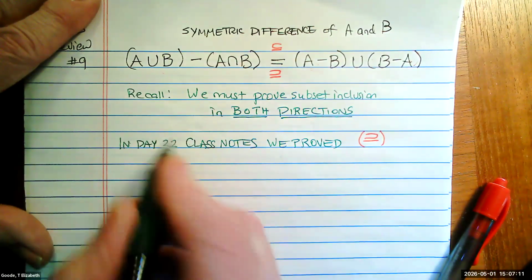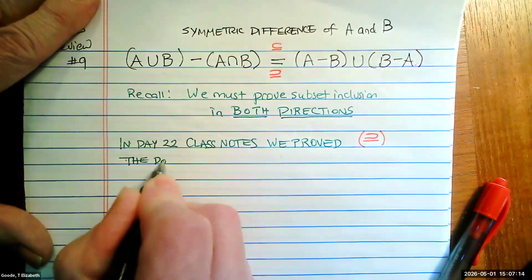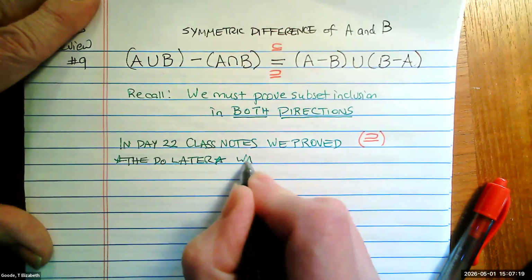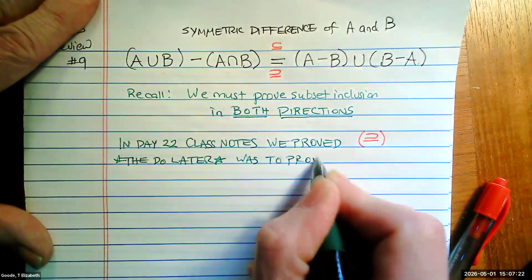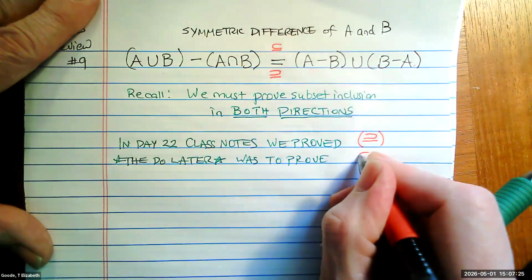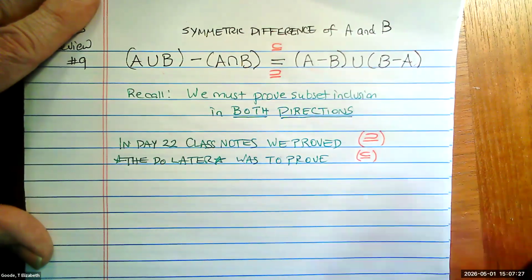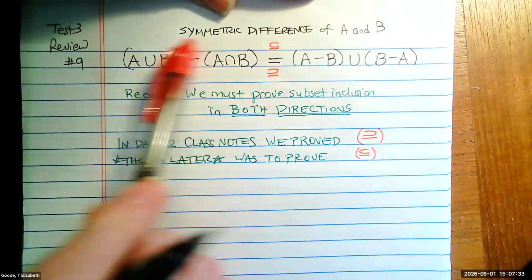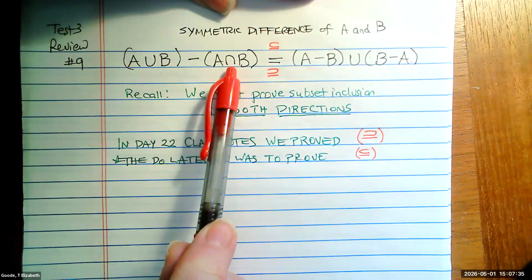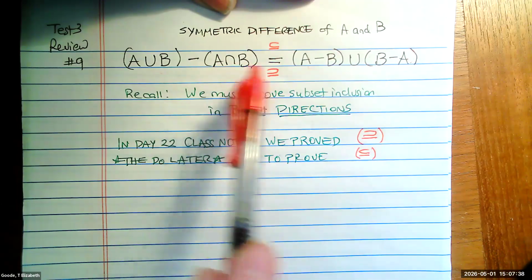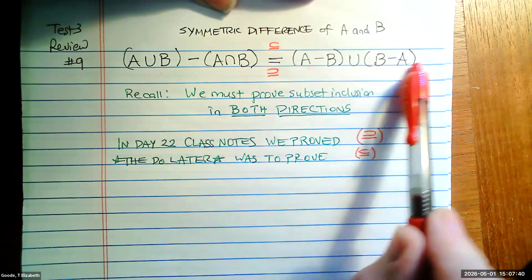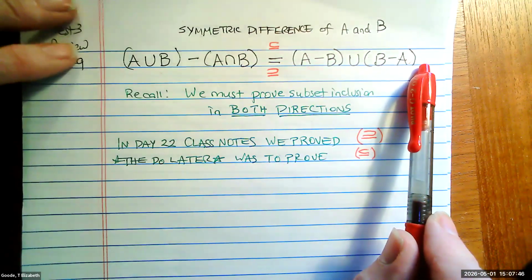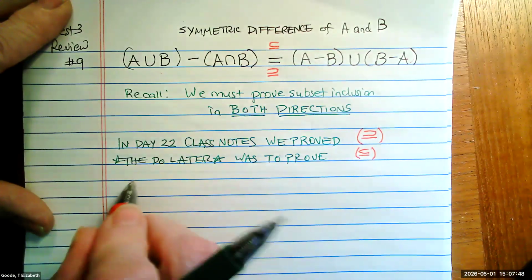And then the do later was to prove this direction, subset inclusion left to right. That means you would take an element of the set on the left, just call it X, and try to chase that element into the set on the right. It's called an element chasing argument.